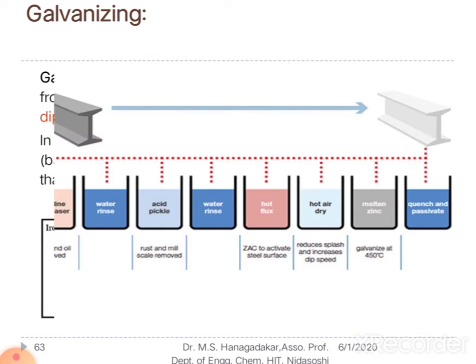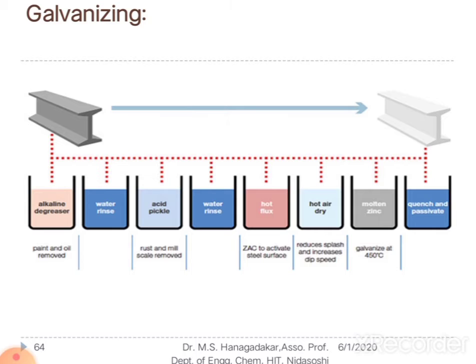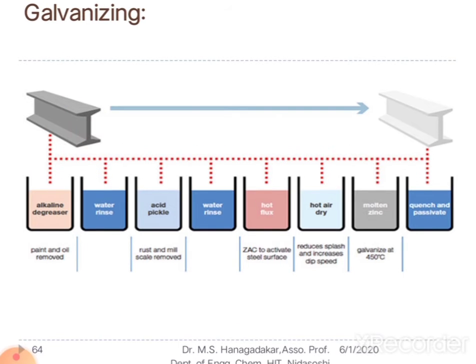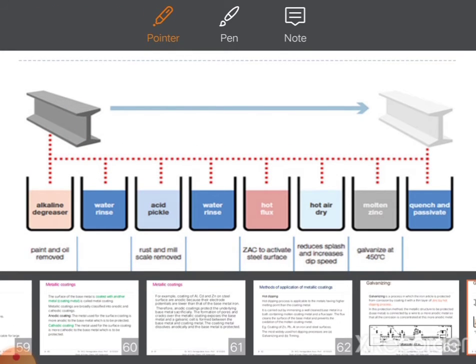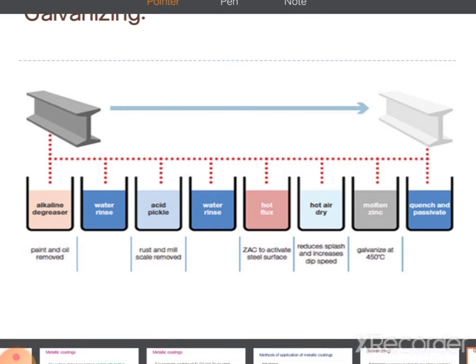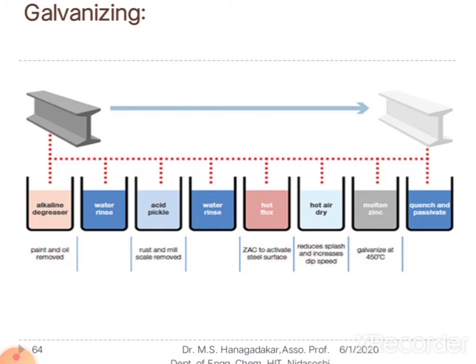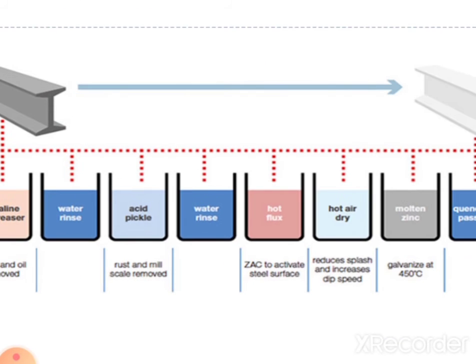So that is what I have explained here with a particular example. You can see the steel which is to be made galvanized.